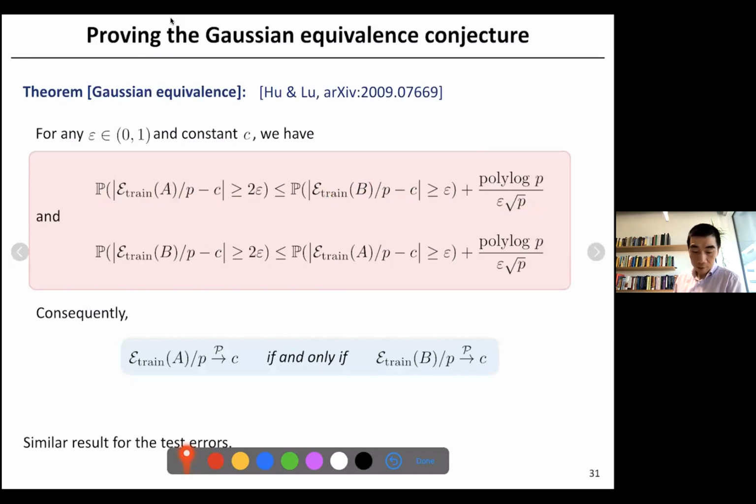These two inequalities are symmetric, so they must have the same asymptotic limit. There's also a finite sample type of rate in terms of how well this equivalence works for finite dimensional P.